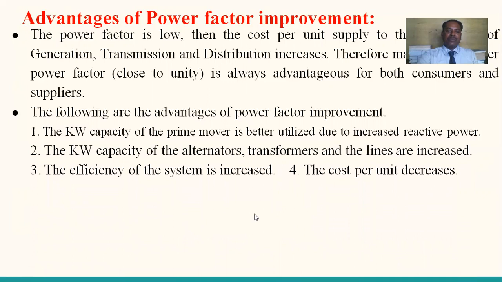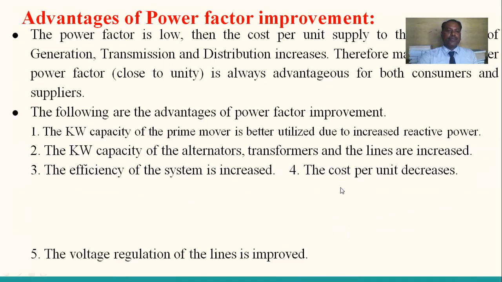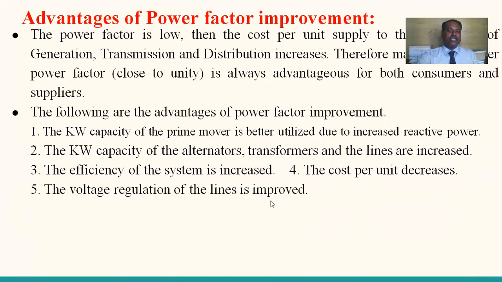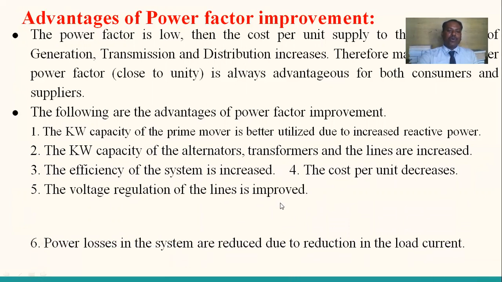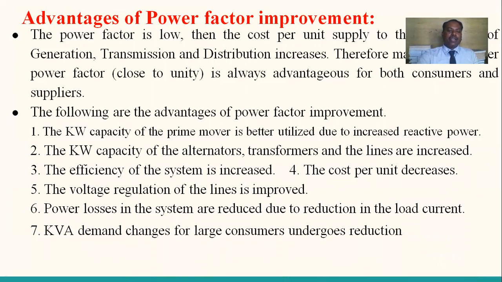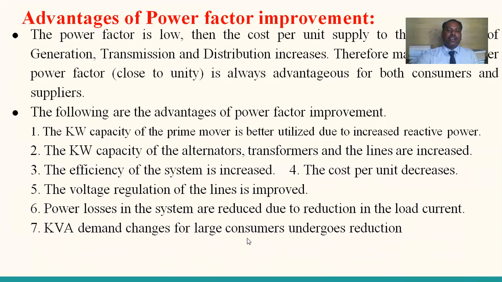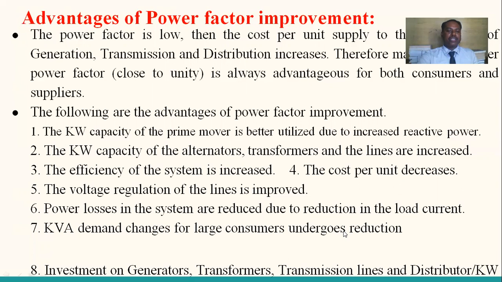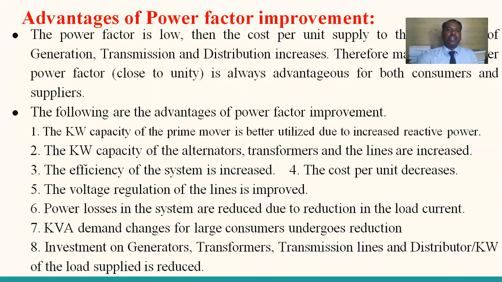Next, the efficiency of the system is increased. The cost per unit decreases. The voltage regulation of the lines is improved. Power losses in the system are reduced due to reduction in the load current. The kVA demand charges for large consumers undergo reduction. Investment on generators, transformers, transmission lines, and distributors per kilowatt of the load supplied is reduced.